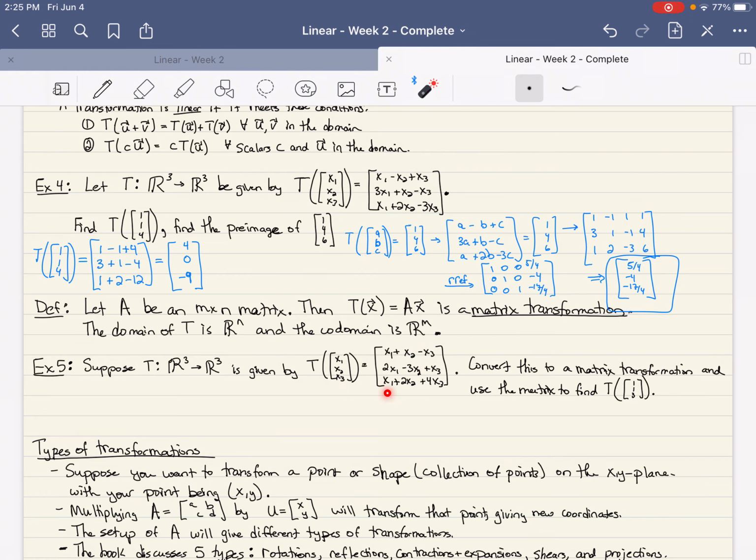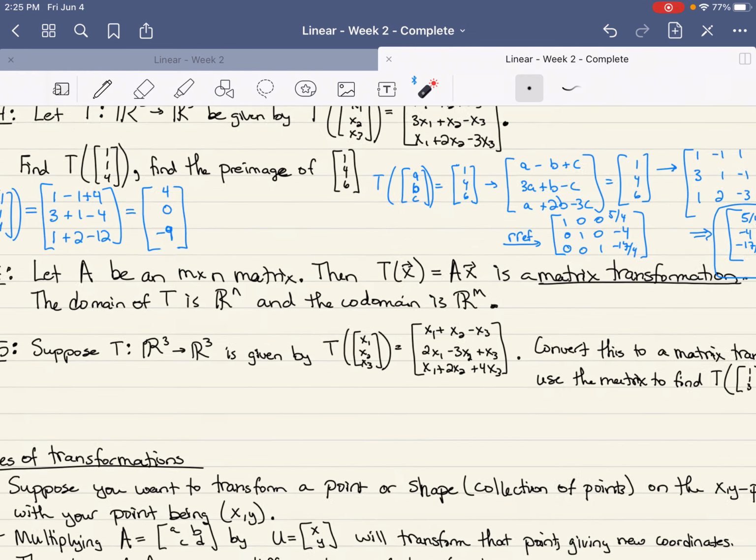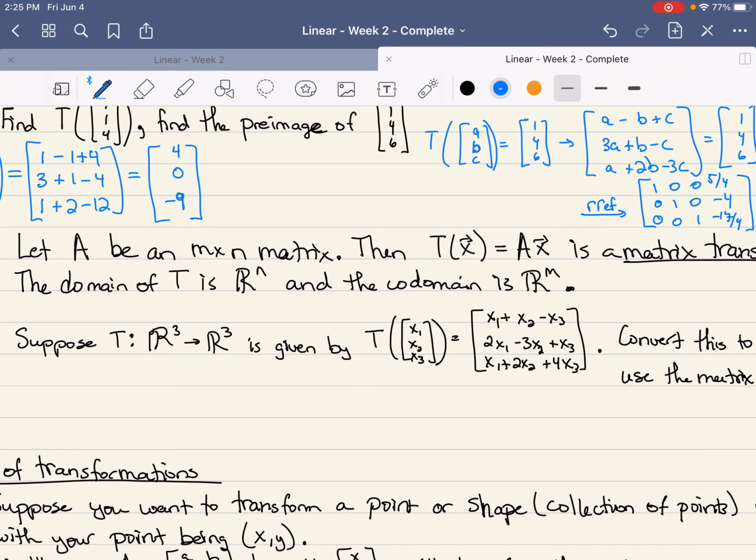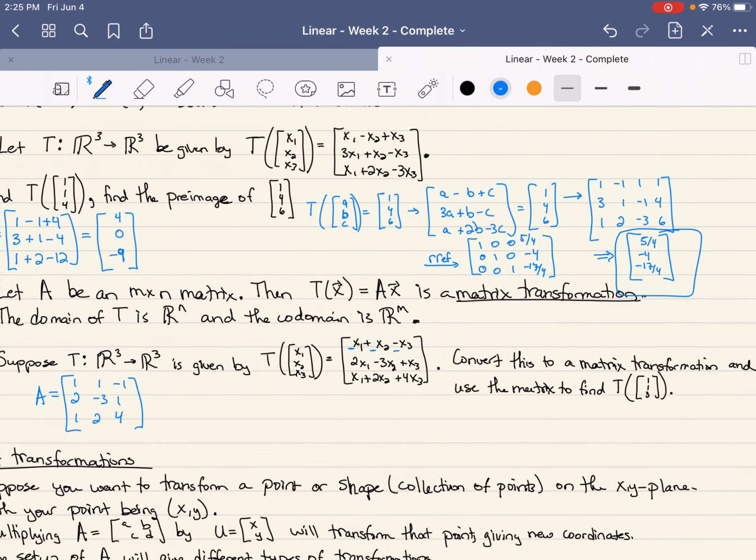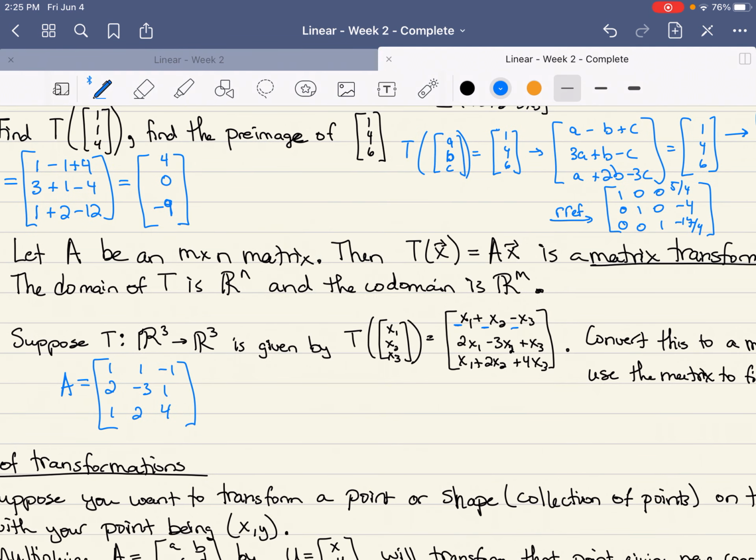The way that we get from something that looks like this into a matrix transformation is just by doing a matrix and pulling off the coefficients. Like that. So convert this into a matrix transformation. So T of X would be our AX. That's what a matrix transformation does for us.